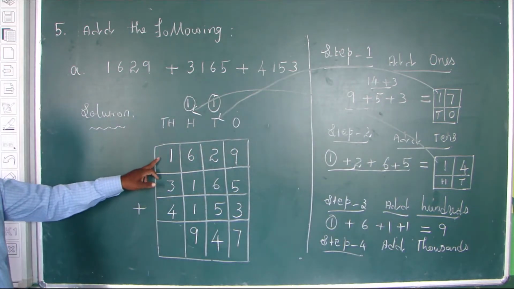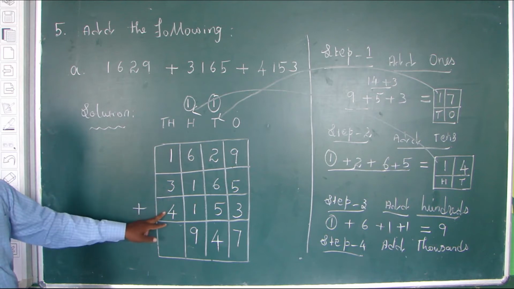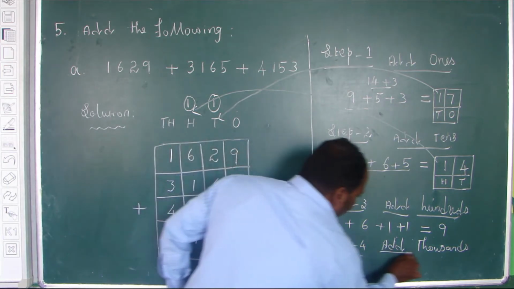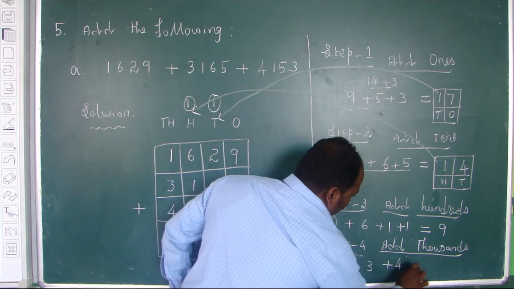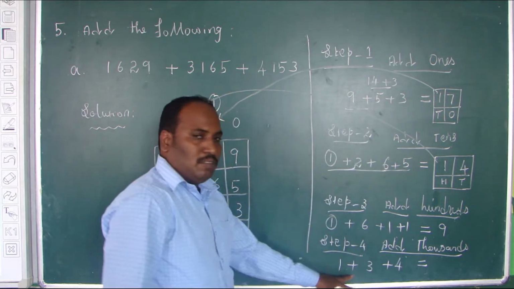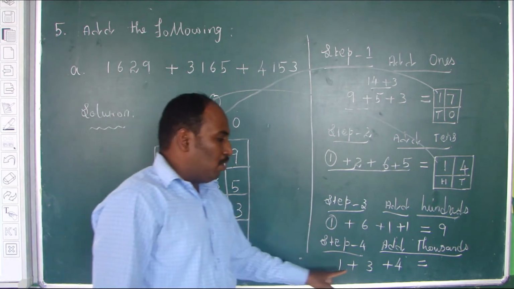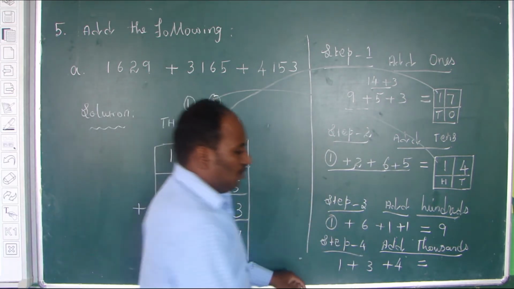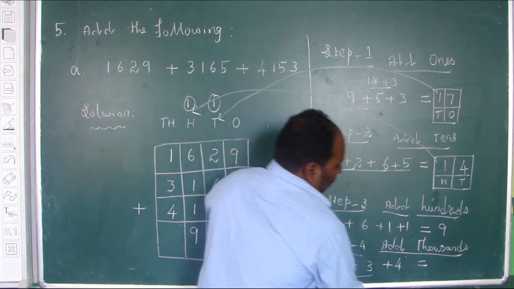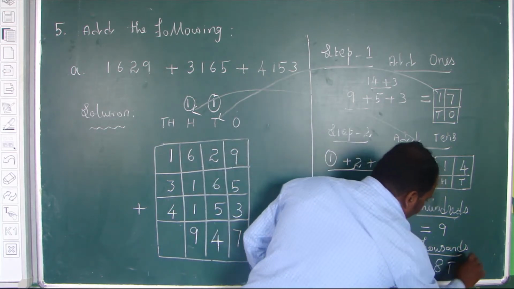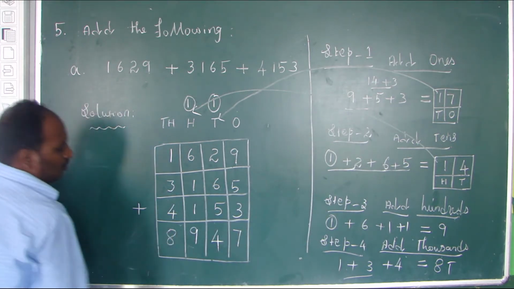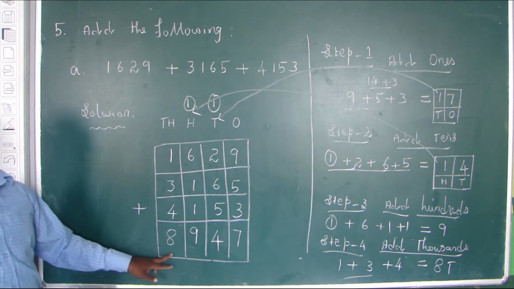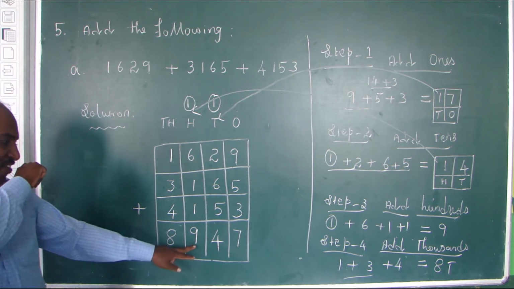Thousand place is 1 plus 3 plus 4. 1 plus 3 is equal to 4. 4 plus 4 is equal to 8. 8 means 8,000. So our answer is 8,947.